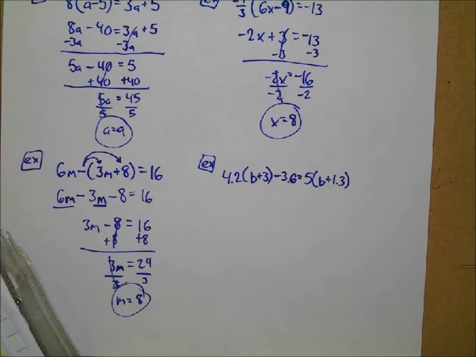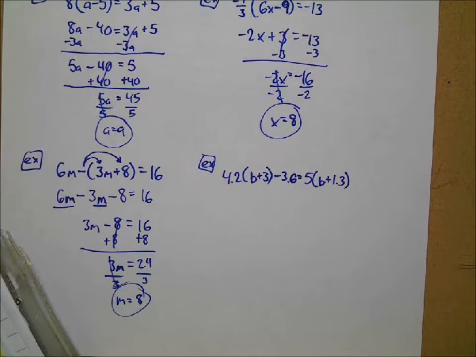It should be 12.6. So if you want to go ahead and fix that, you shouldn't have to erase everything. That should be 12.6. And now you're going to do 12.6 minus 3.6. So that's just going to be 9.